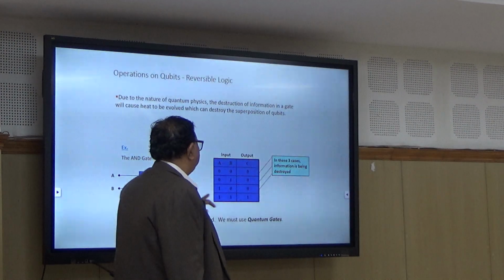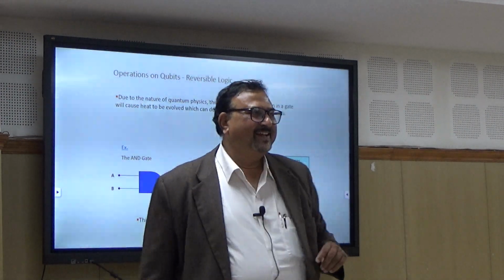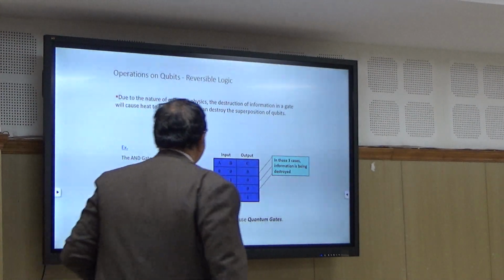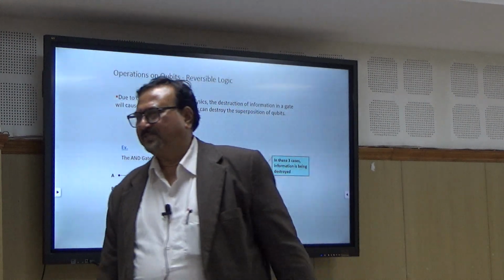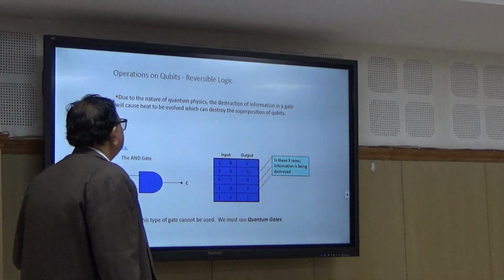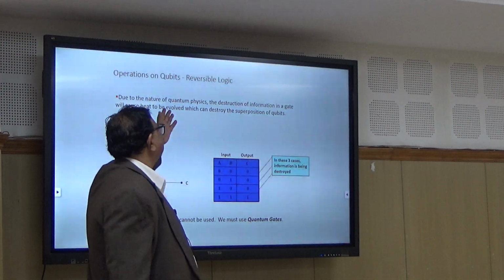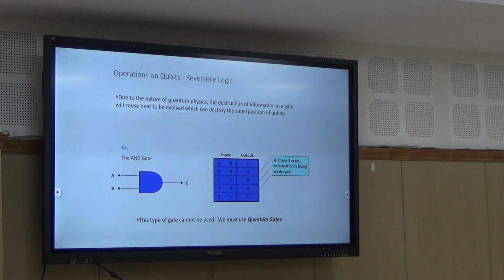So C is basically multiplication of A into B, right? Then only 1 into 1 will be 1, or 1 into 0 is 0, or 0 into 0 is 0. So this is the system which is basically used in reversible qubit things in the form of 0 and 1, what we already showed you or discussed.